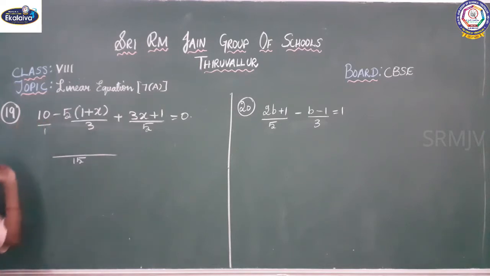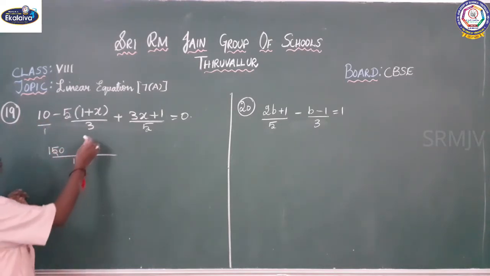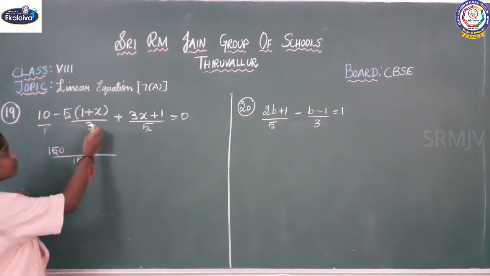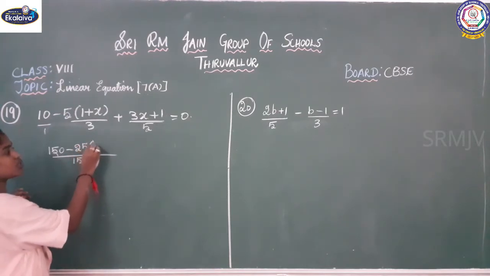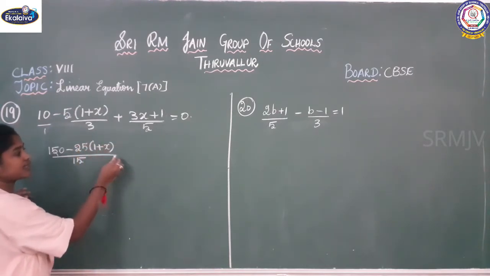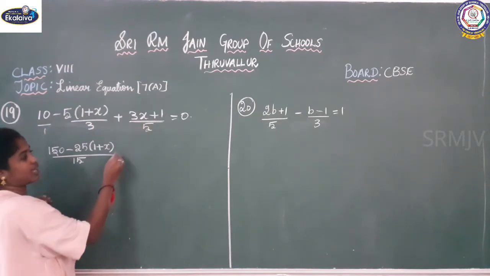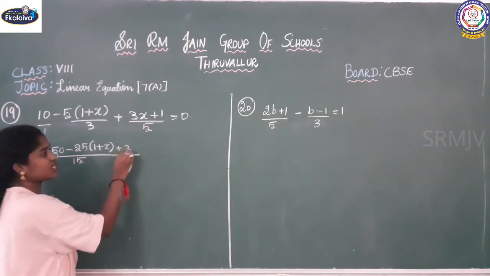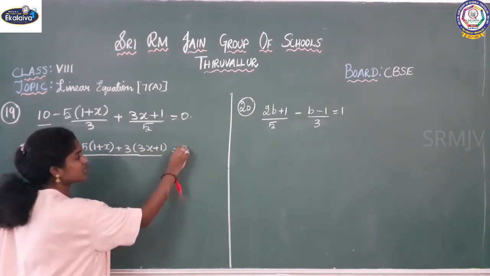So 15 into 10, what we will get? 150. Okay. So 3 into 5 only 15. So 5 into 5 we will get 25. So 25 into 1 plus x. Same like that. 5 into 3, 15. So 3 into 3x plus 1 is equal to 0.